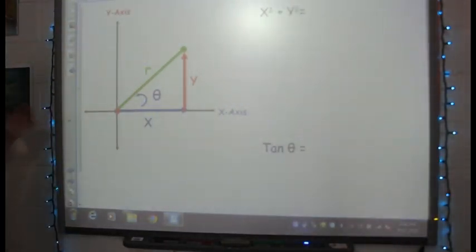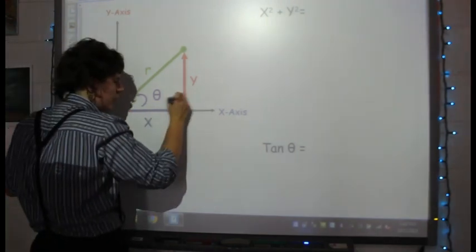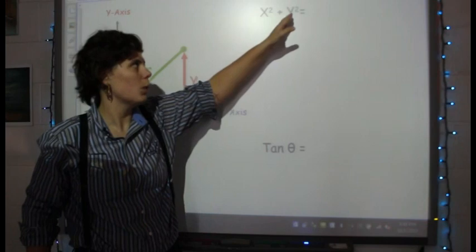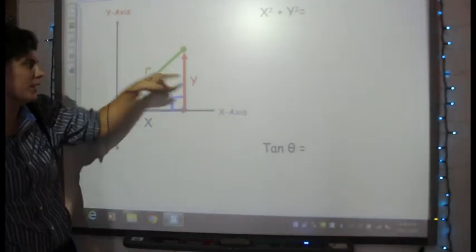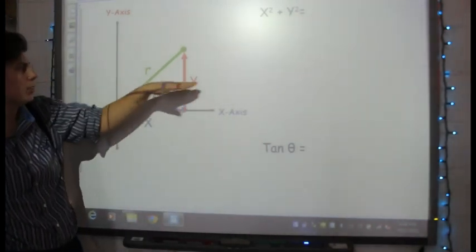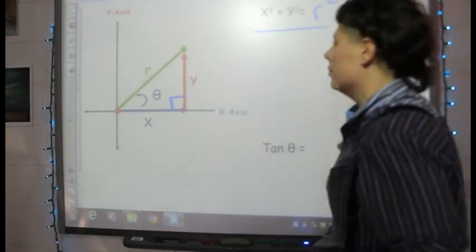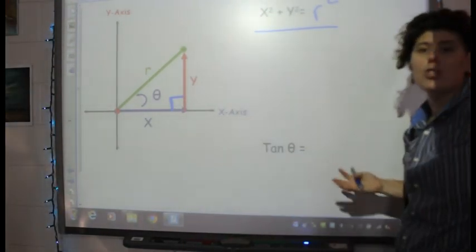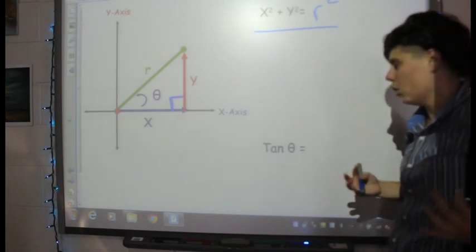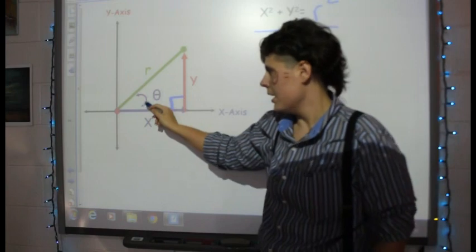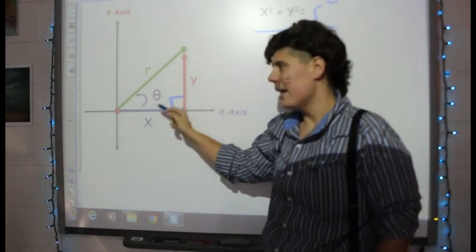In the same way, we've still got that right triangle here. I see that I have x squared plus y squared equals, oh, you guessed it, the Pythagorean theorem. x squared plus y squared equals r squared. Straight up Pythagorean theorem. There's nothing new about it except we changed the letters that we're using. Tangent is very similar in that you have theta and you have the opposite and the adjacent.